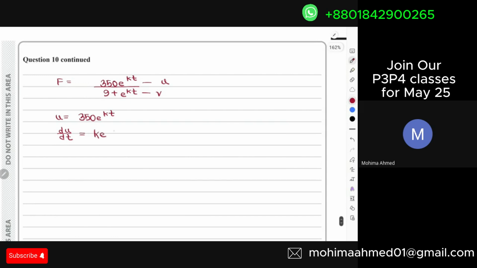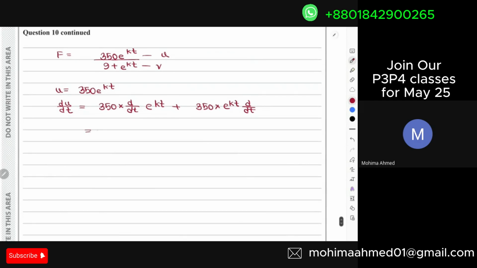From there also I have to do the product method. 350, if you differentiate, that will be just 350 d by dt multiplied with e power kt, and adding this with 350 with e power kt d by dt, right?